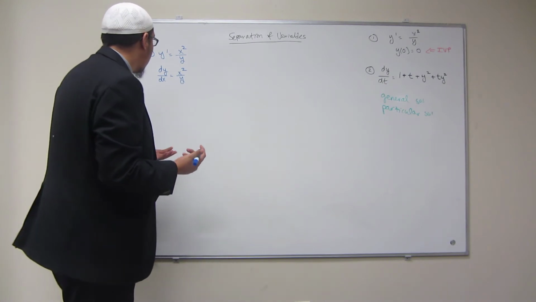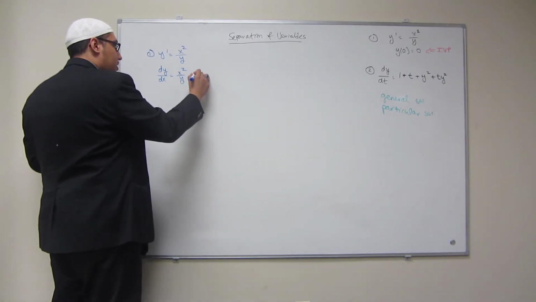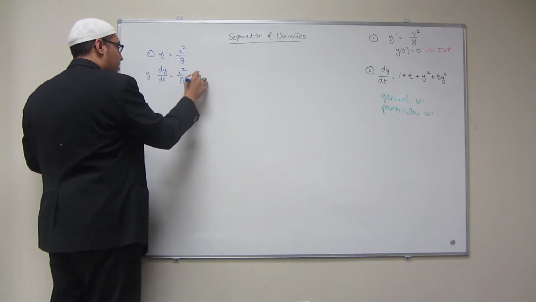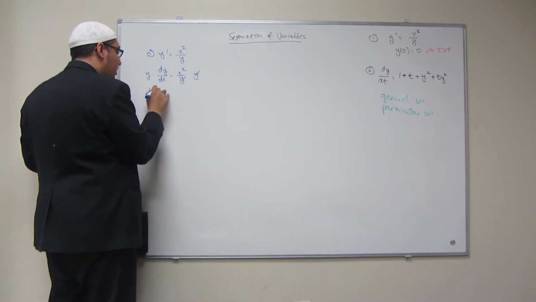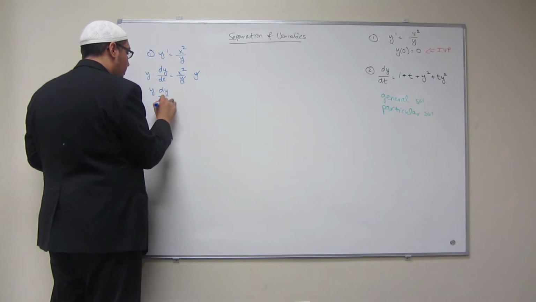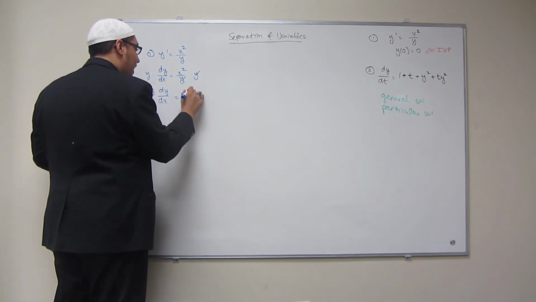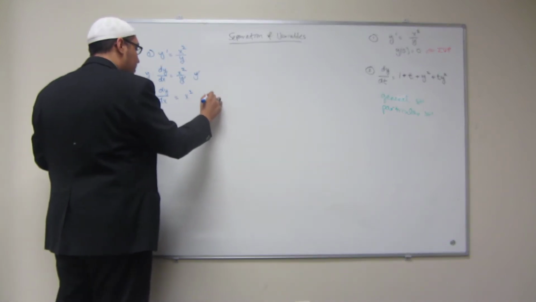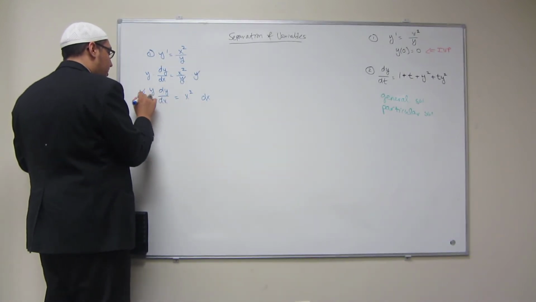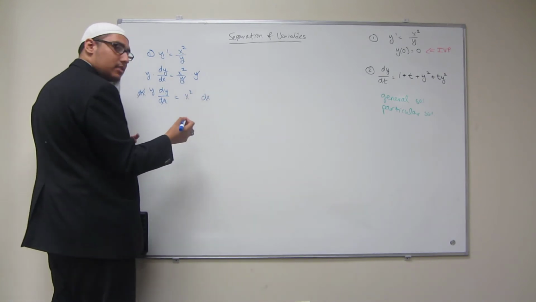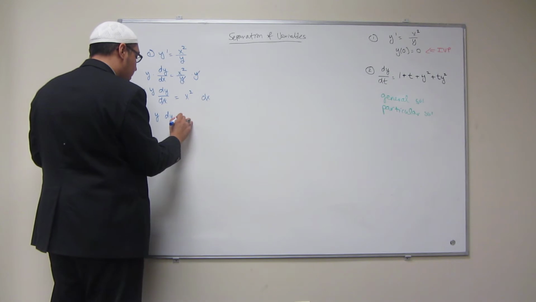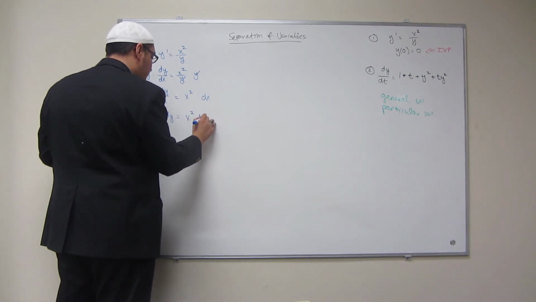Let's multiply the y onto both sides, thus eliminating the y from the right, getting y dy/dx is equal to x squared. Let's multiply the dx on both sides so that we can eliminate the dx from the left and get it on the right. Therefore, simplifying down into y dy is equal to x squared dx.